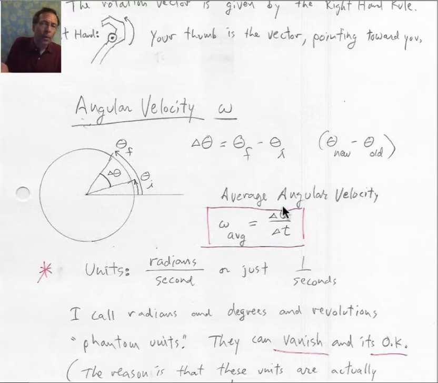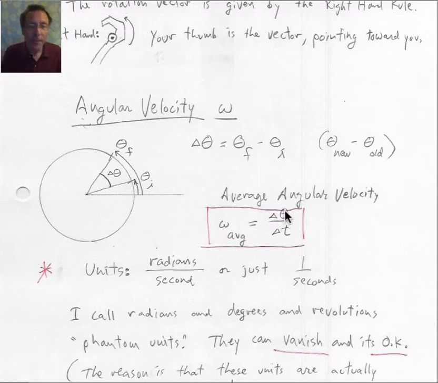Not always, but usually when we're doing physics problems, especially ones that involve rotational energy, rotational momentum, those physical things are Mother Nature kind of things, and Mother Nature wants radians.